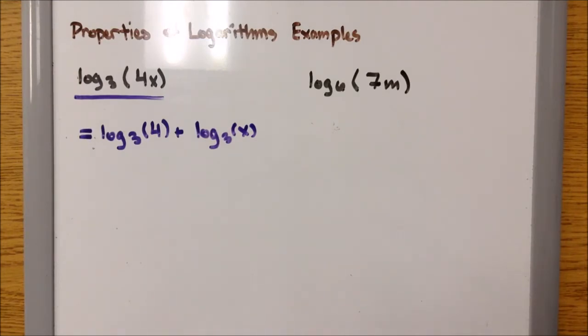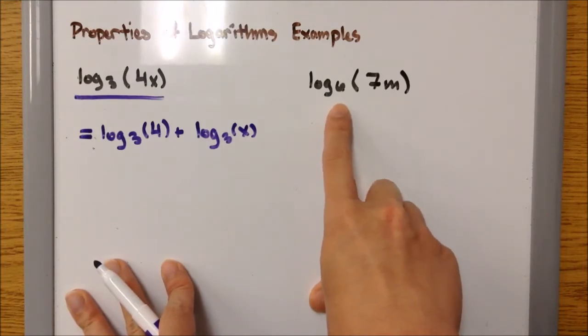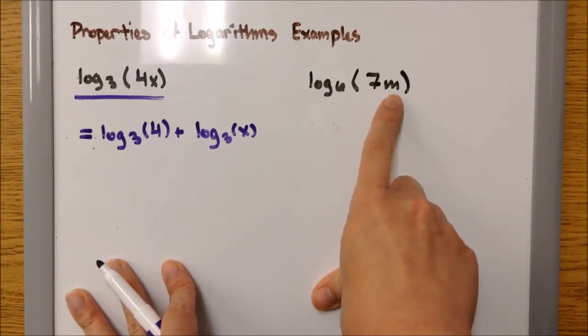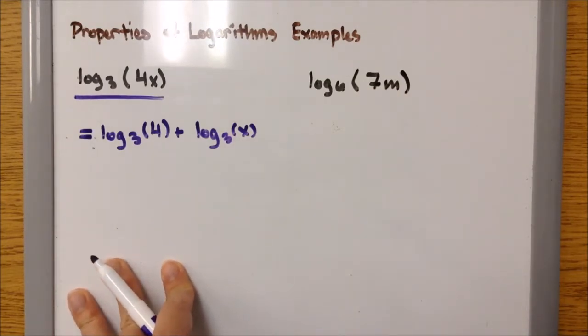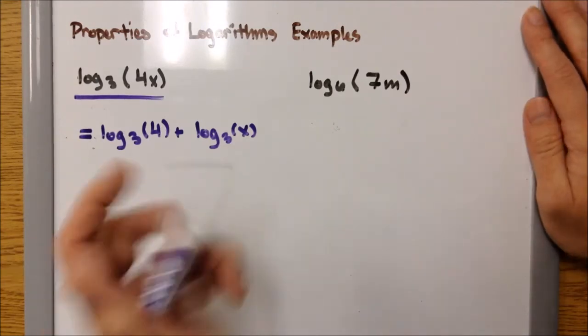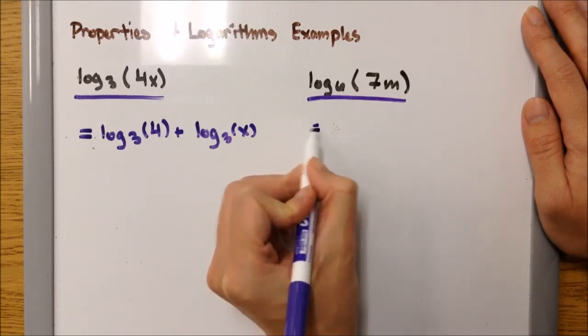Now, in example 2, we have log base 6 of 7m, or 7 times m. So 7 times m, that means it's the multiplication or the product property. So again, we're just going to rewrite it using the product property.